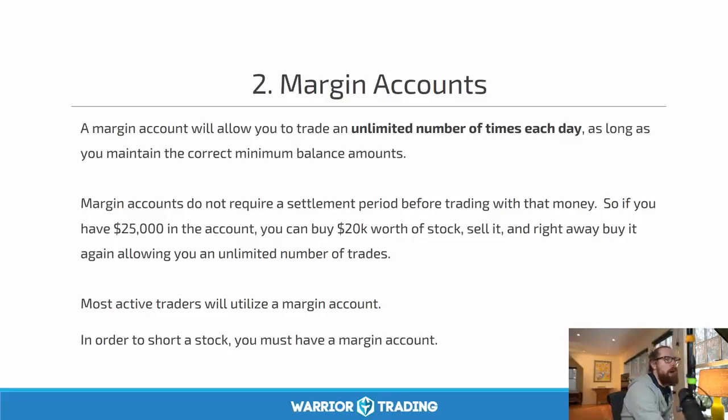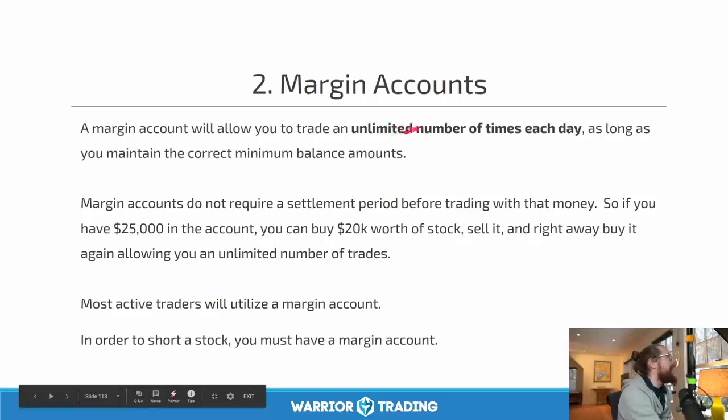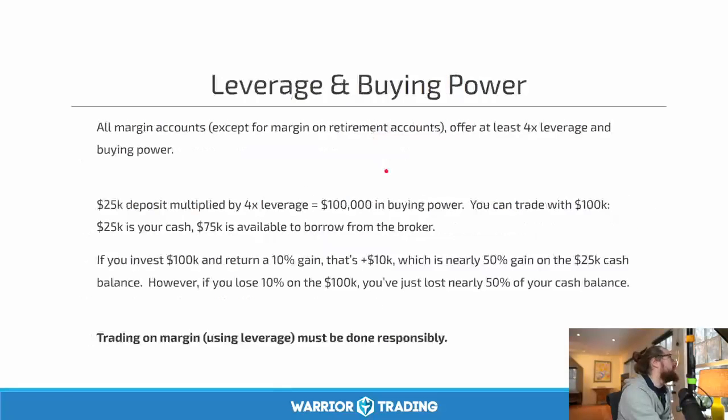Well, that's no longer the case. And what's also no longer the case is that you have to have a minimum account size in order to be able to trade an unlimited number of times a day. And this is a rule that was implemented in February of 2001. And we're going to talk about that in a moment. So before we get into that, let's talk about leverage and buying power.